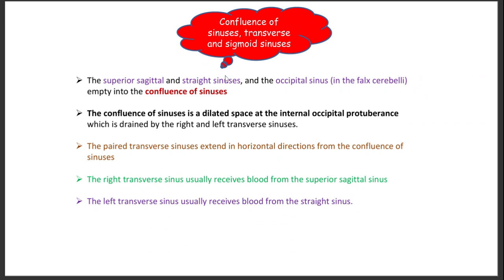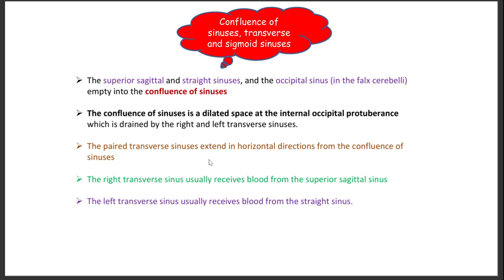The confluence of sinuses, transverse and sigmoid sinus, these guys. So the superior sagittal, straight sinus and the occipital sinus will empty at the confluence of sinuses. Okay. The paired transverse sinus extends in a horizontal direction from the confluence.